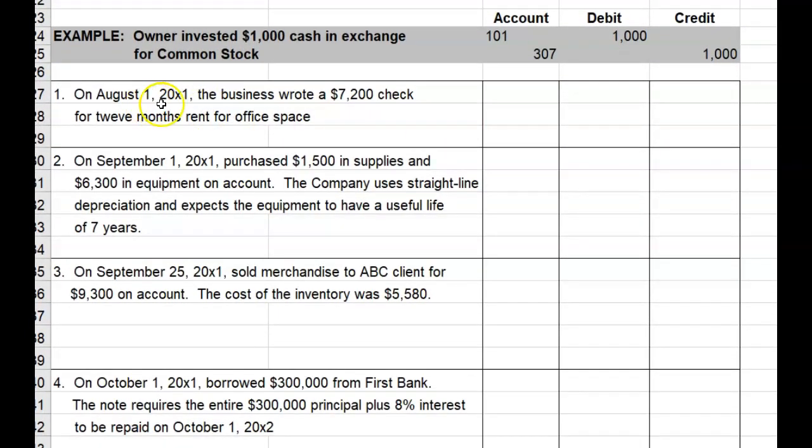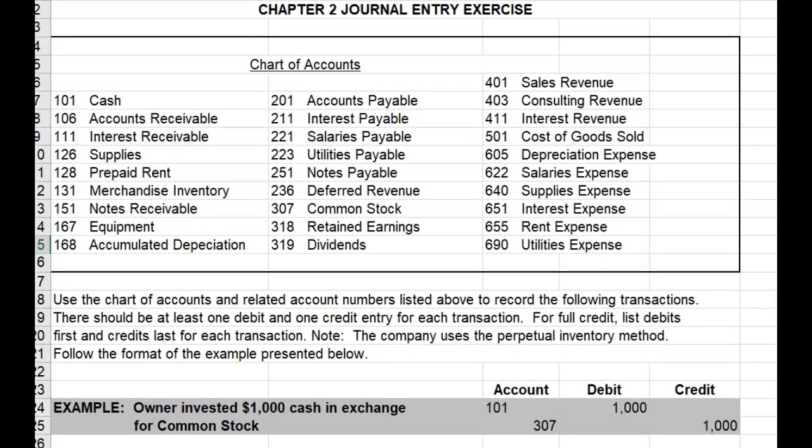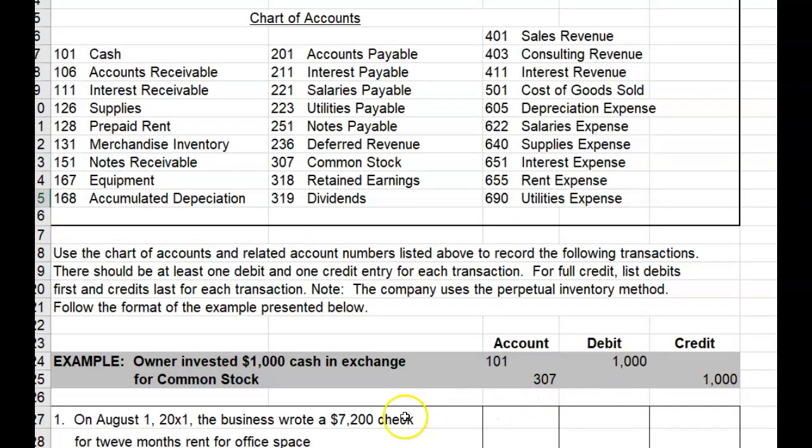On August 1st, 20X1, the business wrote a check for $7,200 for 12 months office space. Well, we spent the cash, so we know we're going to credit cash account 101.